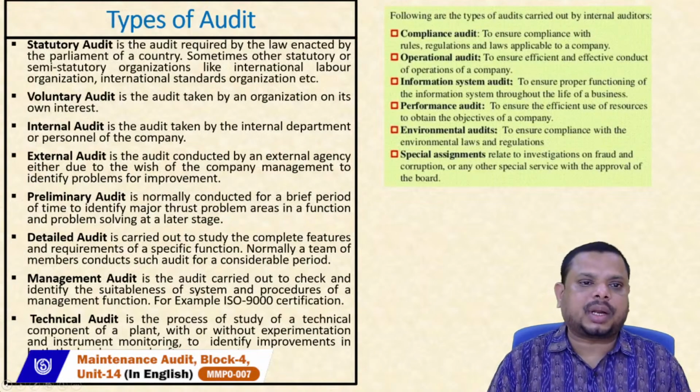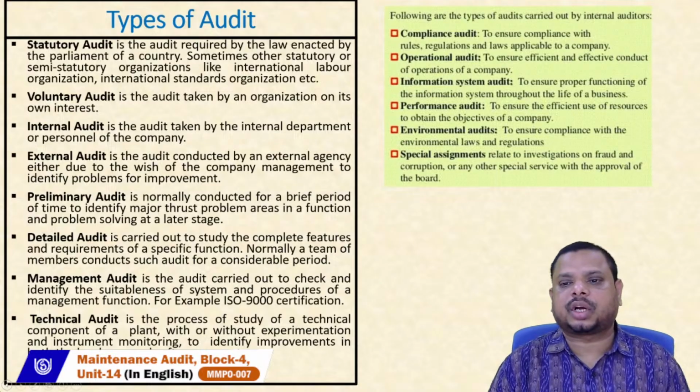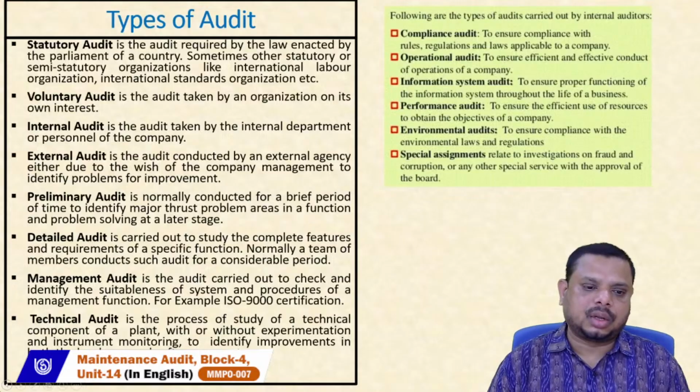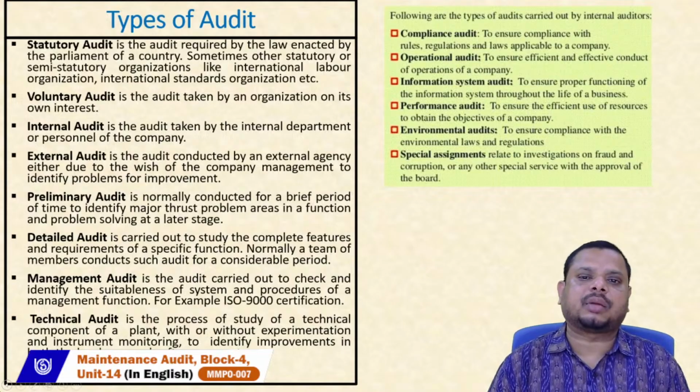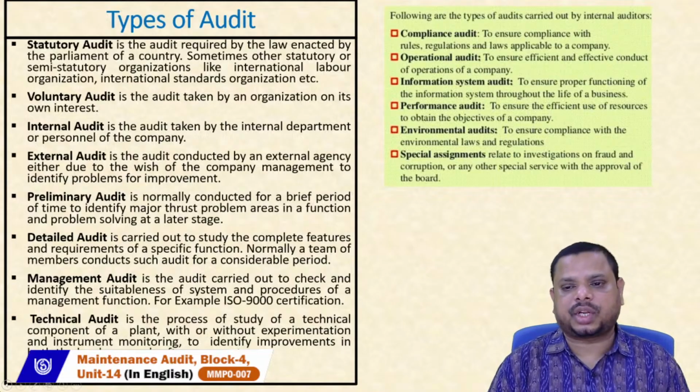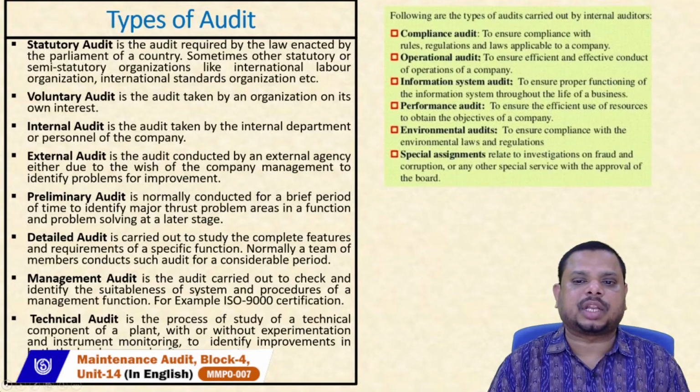The next important part is environmental audits. Under environmental audit, compliance with environmental law and regulations should be ensured. In most cases it is ISO 14000, I repeat ISO 14000, which is dedicated to environmental audit. ISO 14000 stands for Environmental Management System.